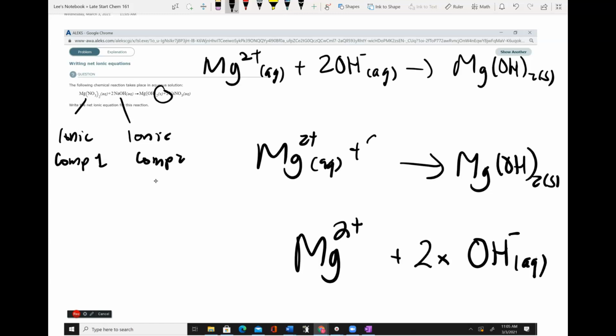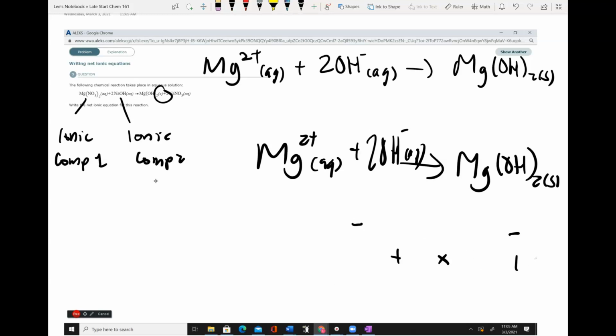So that's going to go in there, plus 2 OH- (aq), and you can see it leads to the same result. So if you can recognize this as being a precipitation reaction, then you can do that. Start with the solid and work backwards, and it'll give you the answer that you want.